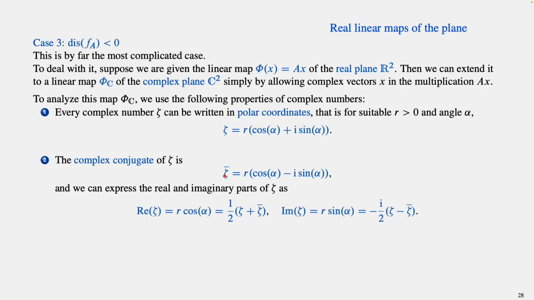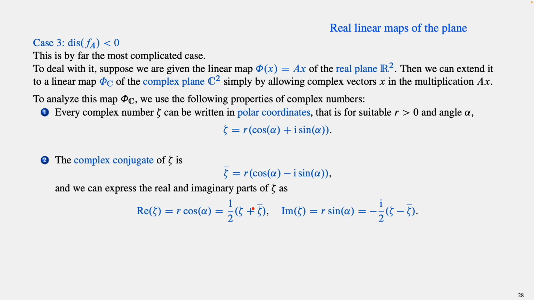And with the help of the complex conjugate, we get some elegant expressions for the real and imaginary parts of a complex number. Namely, the real part of zeta is just r times cosine alpha, and you can check this is the same as 1/2 times zeta plus zeta bar. And the imaginary part of zeta, which is r times sine alpha, is just minus I divided by 2 times zeta minus zeta bar.